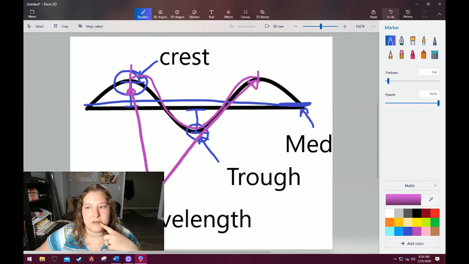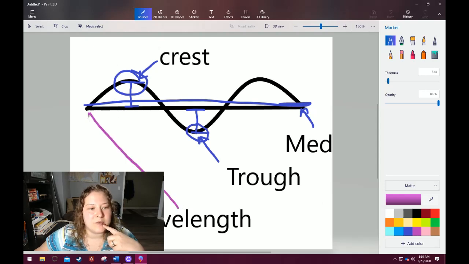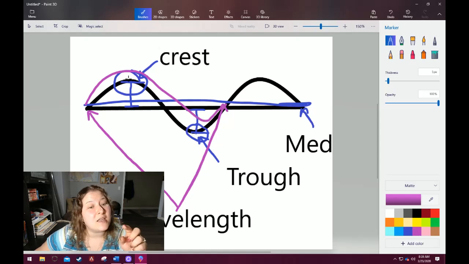And I will undo this so it's not so messy. Oh, there's no eraser on this. Okay, and then you can go wavelength, which is the measurement of this to this. So you're measuring this length. It should be the same as crest to crest or trough to trough.